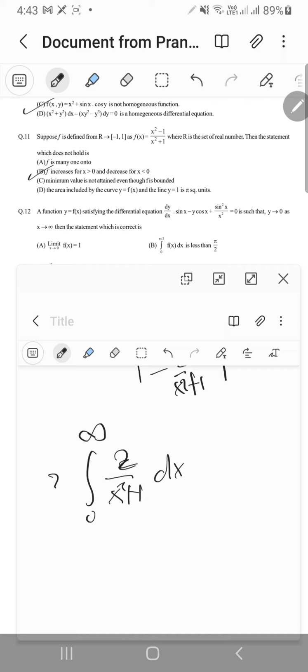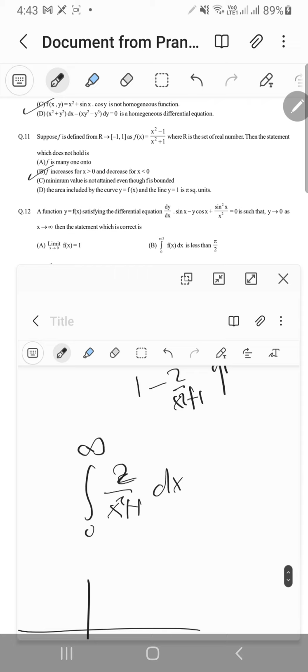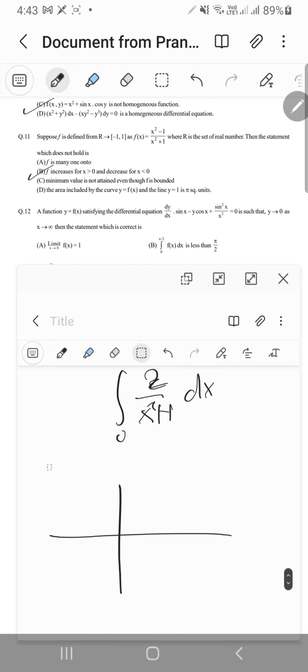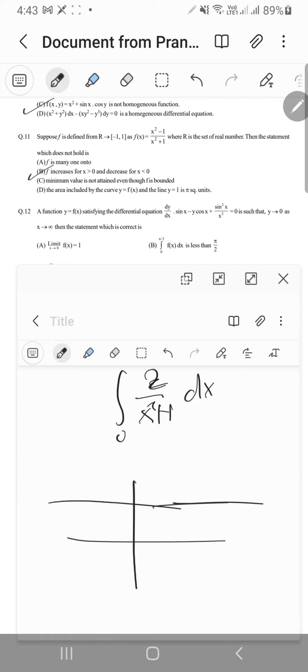Enclosed by the curve, no, not 2 times, it's just single, because y equal to 1. Now, in fact, you know what, it should be 2 times. If you try to graph this, y equal to 1 would be something like this, and this function is always less than that.